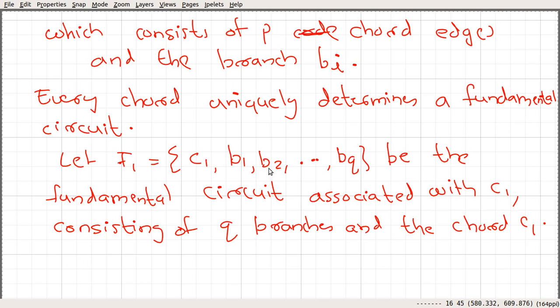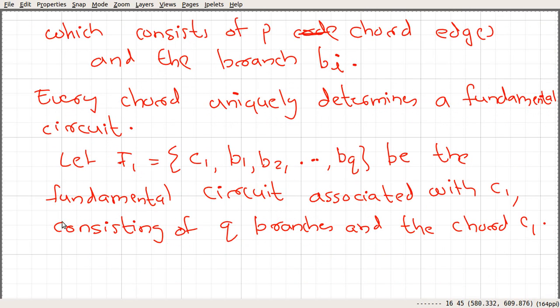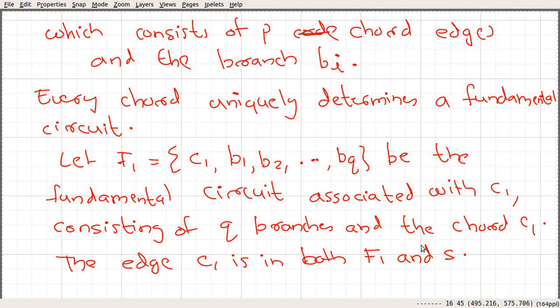So here we can see that this C1 is in both S and F1. We know from my previous theorem that there must be an even number of edges common to a cut set and a circuit.